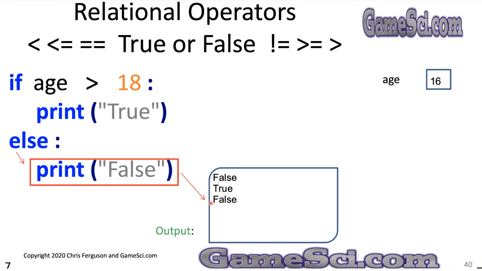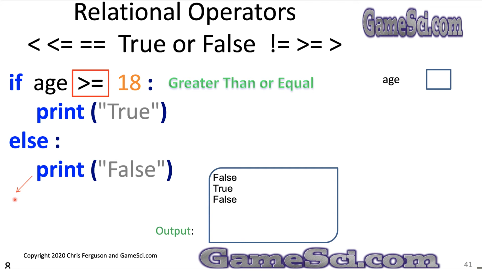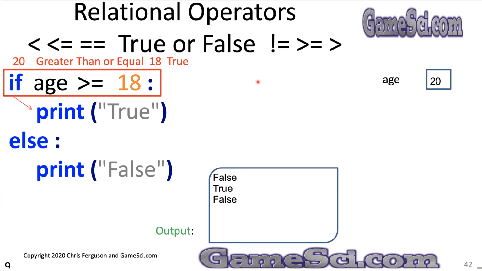And moving on to the next statement, now we'll look at greater than or equal to. Again, once the if-else statement is done, it will go down to the next code that is not indented and execute that. Looping back, let's go to greater than or equal to. We update the age variable with the value 20. So this reads 20 greater than or equal to 18.